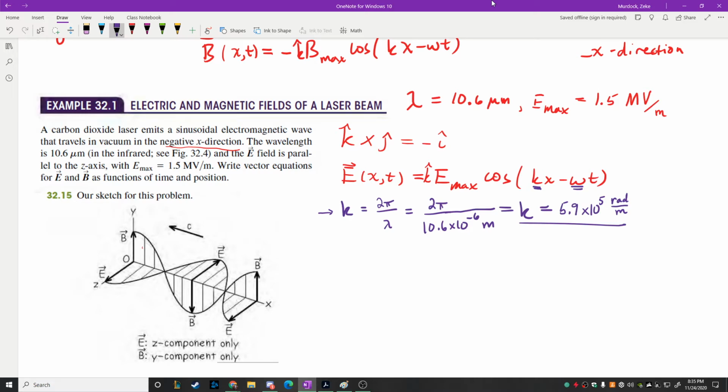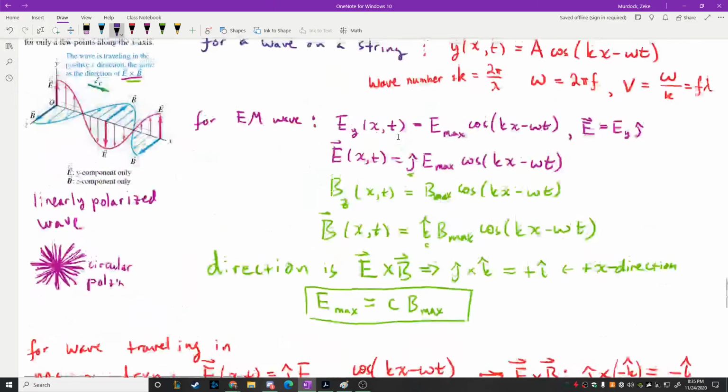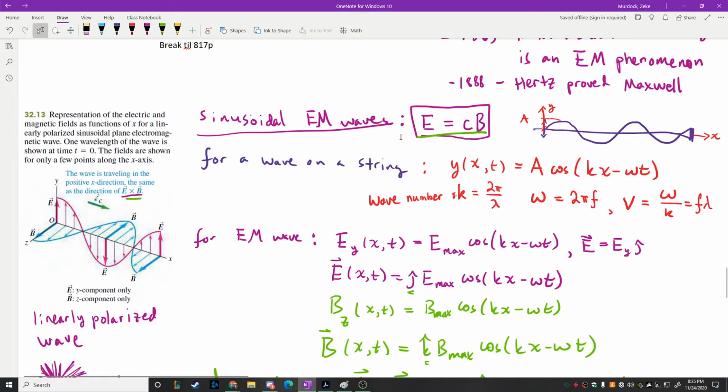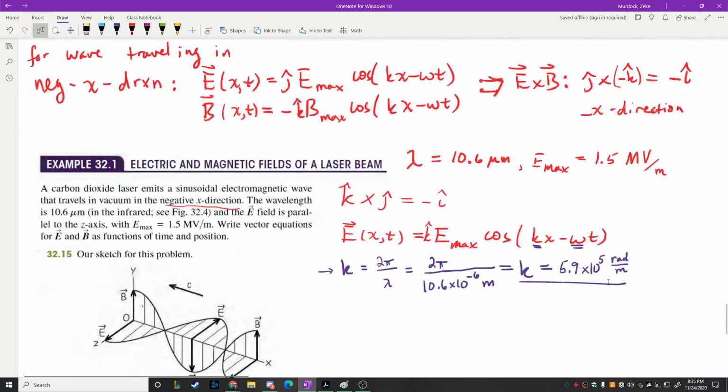The velocity of the wave is given by omega divided by k. We have k. So just c times k, right? If c is equal to the angular frequency divided by k, that tells us that c times k is going to be equal to omega.